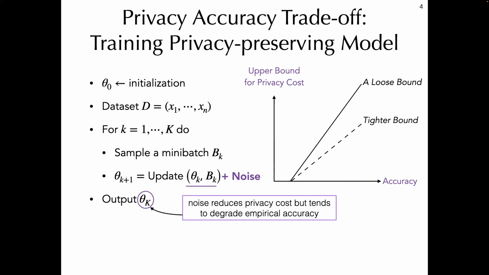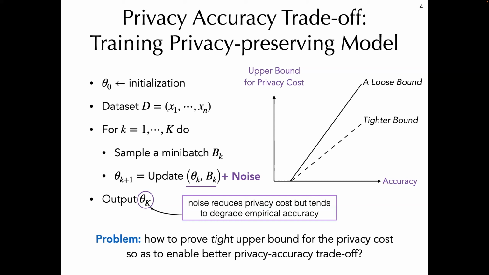The central problem that we want to study in this paper is how we could prove a tighter upper bound for the noisy stochastic gradient descent algorithm so as to enable a better privacy-accuracy trade-off. There are, of course, various privacy analysis methods for the noisy stochastic gradient descent algorithm.